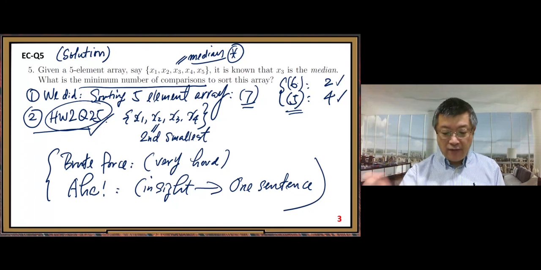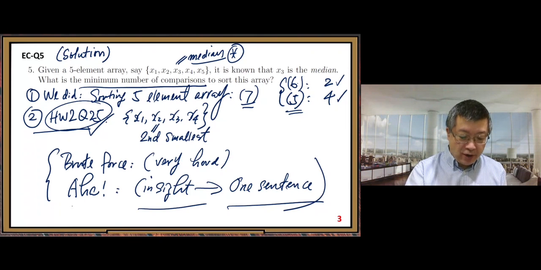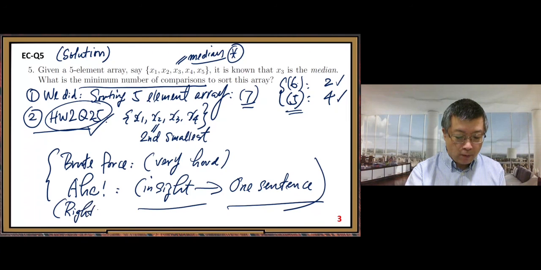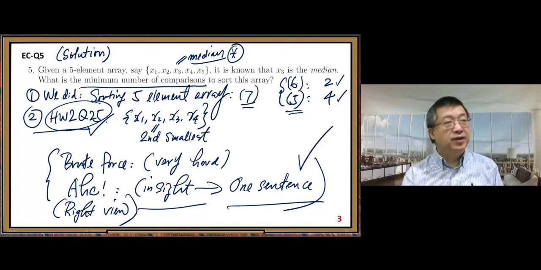Okay? The aha way. One sentence. When you get the insight, just one sentence. A difficult question, but piece of cake. You solve it. But you need to take the right view. Aha means you have to take the right view. We can describe it in one sentence.